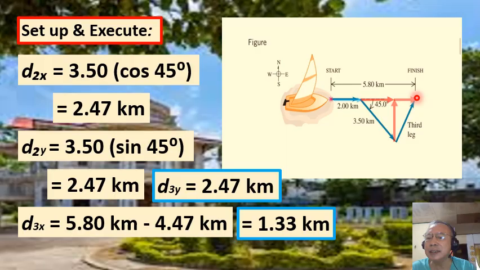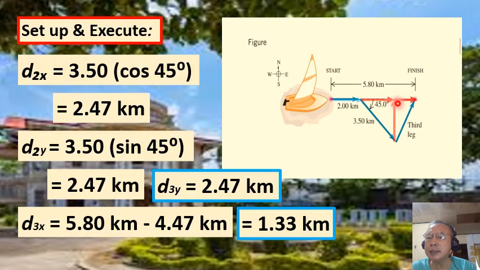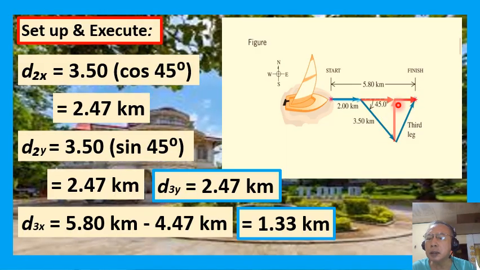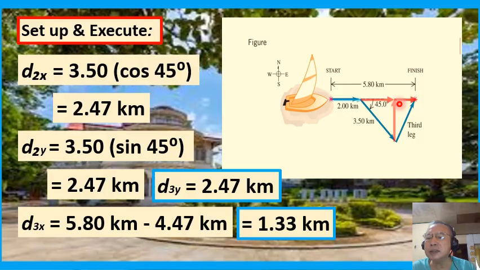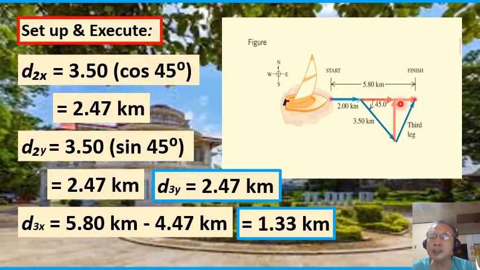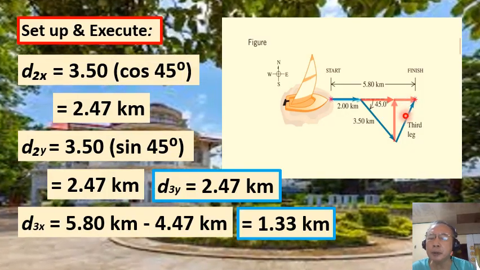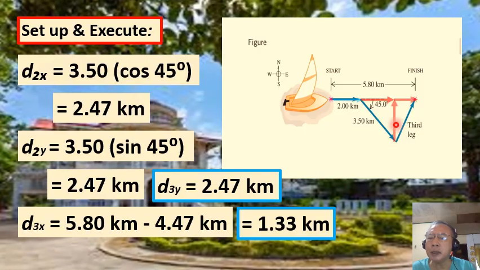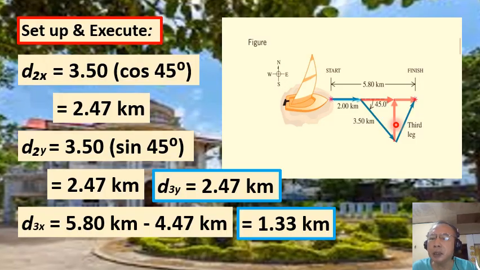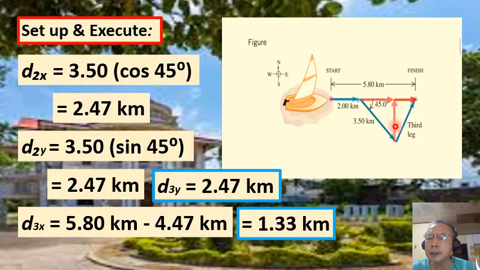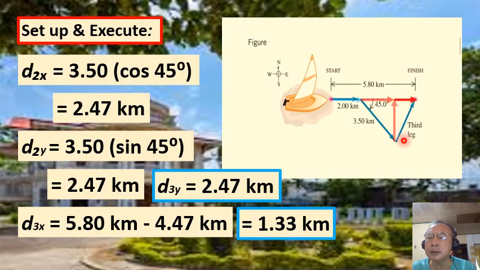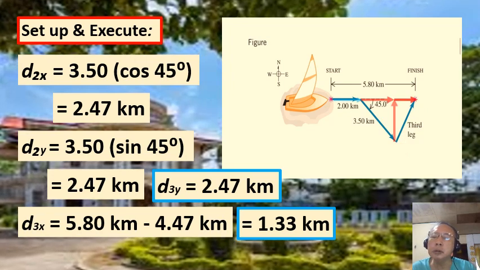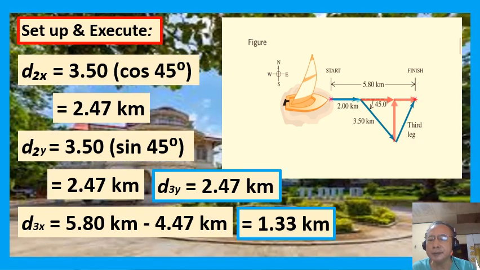So in the diagram, 1.33 kilometers is labeled as the x component of the unknown displacement d3. Take note, when you add this x component of d3, d sub 3x, vectorially with d sub 3y, you are in effect getting the resultant of the unknown displacement d3.